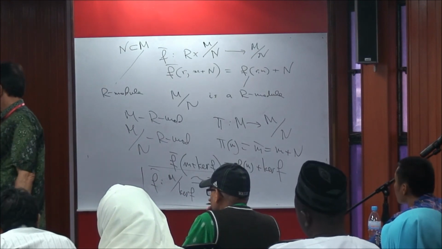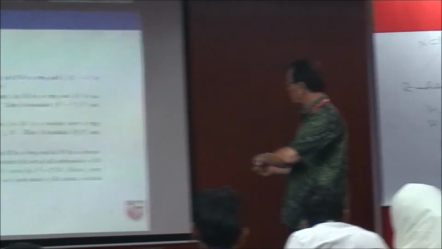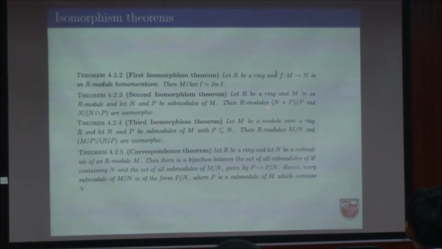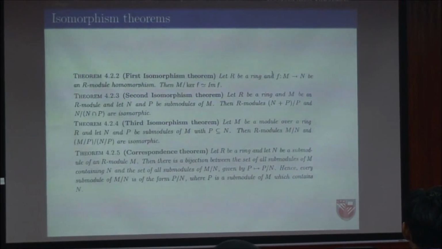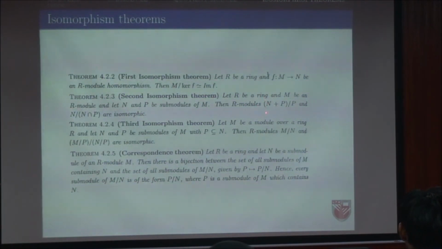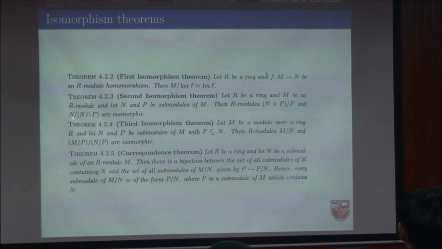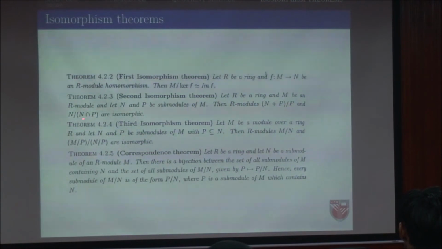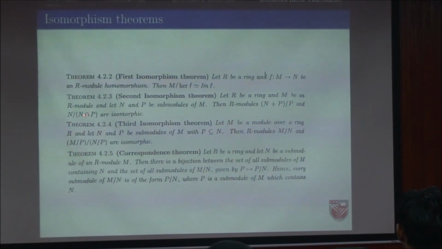The second isomorphism theorem is exactly the same as we have for groups. For groups we have N times P over P is isomorphic to N over N intersection P. Yesterday we discussed it.